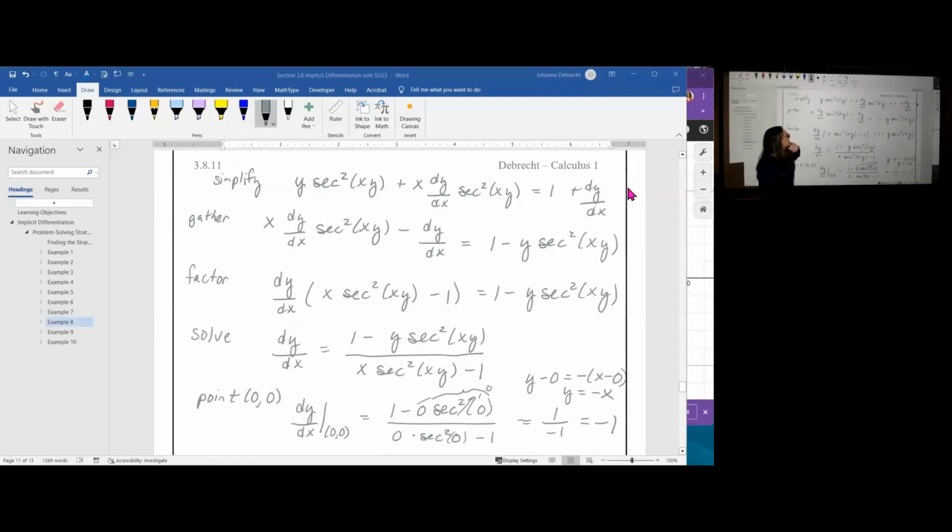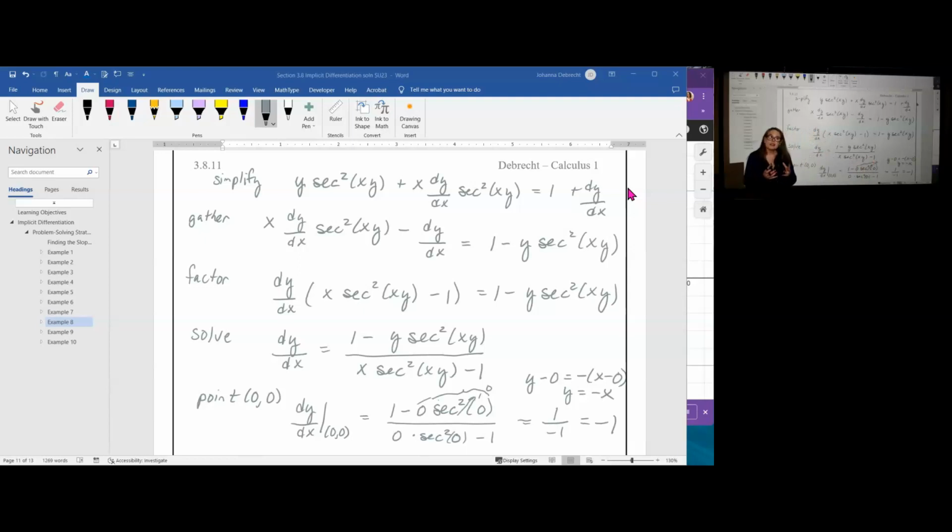When we're done with that, we'll factor out the dy dx and then divide by its coefficient, giving us a formula for the derivative of y with respect to x. Quantity 1 minus y secant squared of xy divided by the quantity x secant squared of xy minus 1.